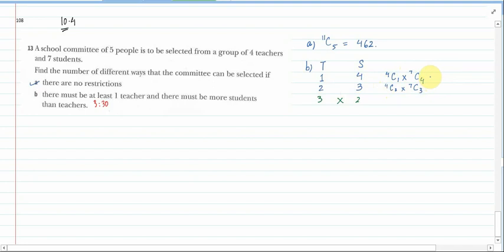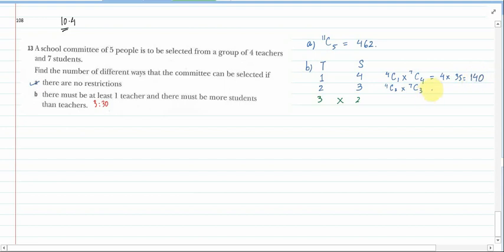Alright, now 4 combination 1 is 4, times 7 combination 4 is equal to 35, right? And 35 times 4 leads to 140.